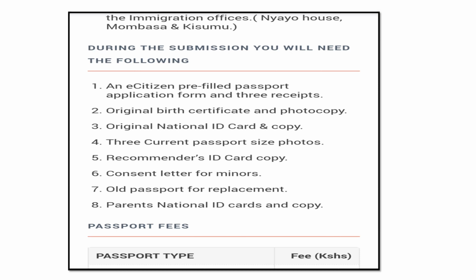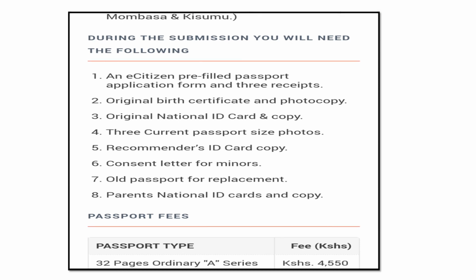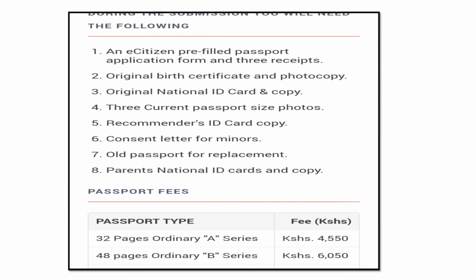For number two, an original birth certificate and photocopy. Number 3, original national ID and copy. I'm emphasizing so much on original because the 2 original documents you need to have with you are an original birth certificate and original national ID. The rest are just copies.